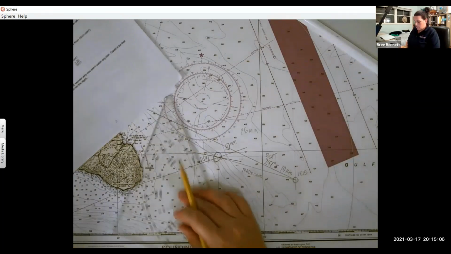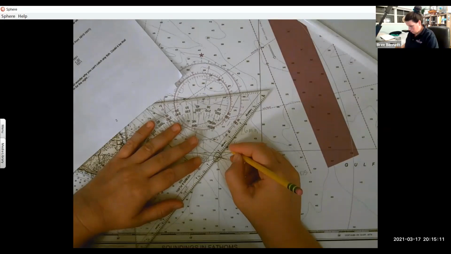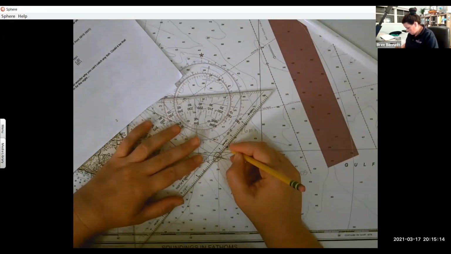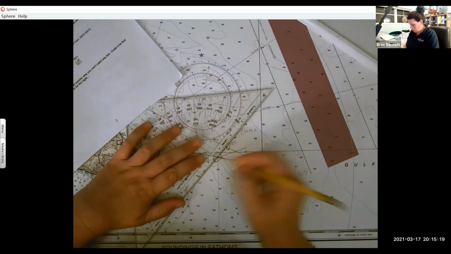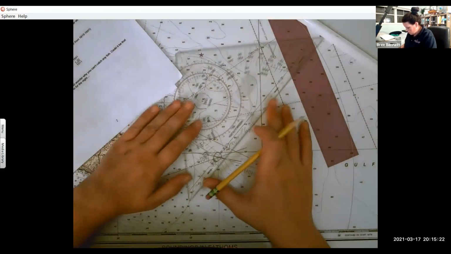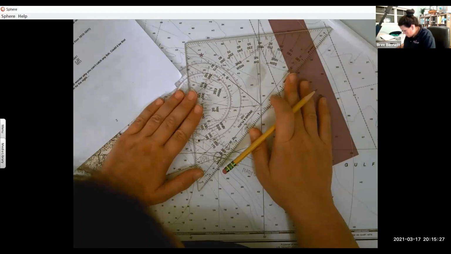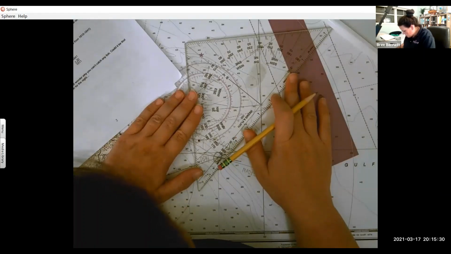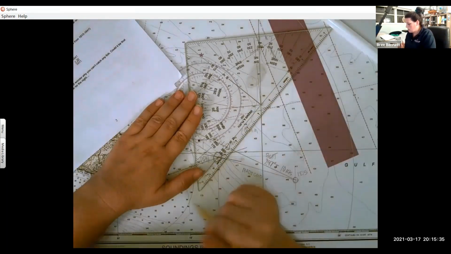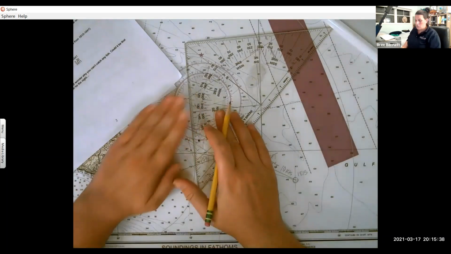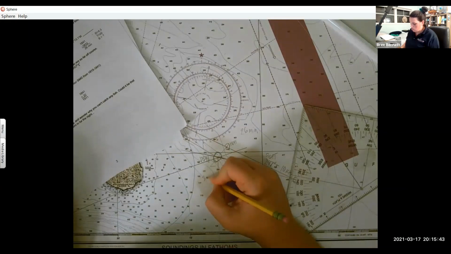So what was our current? See if I can measure that. Push me towards south, so I got current of 221.